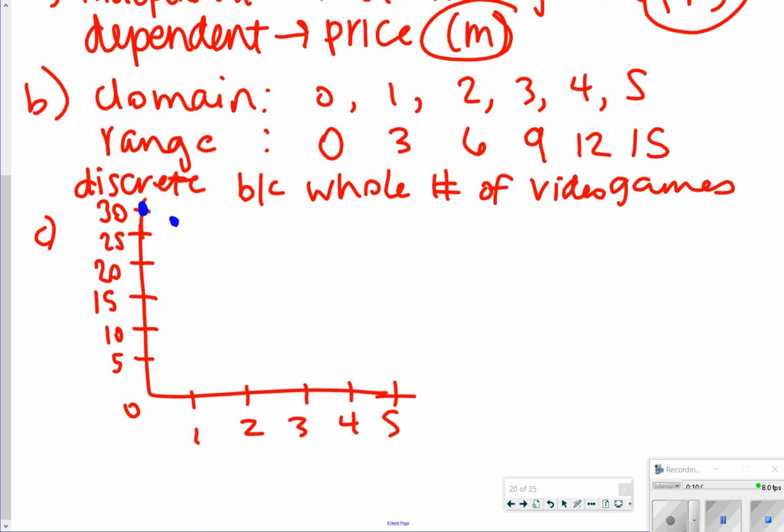And then 2 would be 24. 3 would be 21. 4 would be 18. 5 would be 15, and etc. So they're just going to continue to gradually go down. Oops, and that should not be aligned because it is discrete. Okay, so the more money you spend, obviously your points are going to continue to go down until you don't have any more money. Okay.